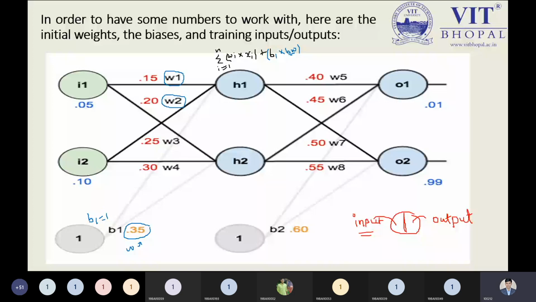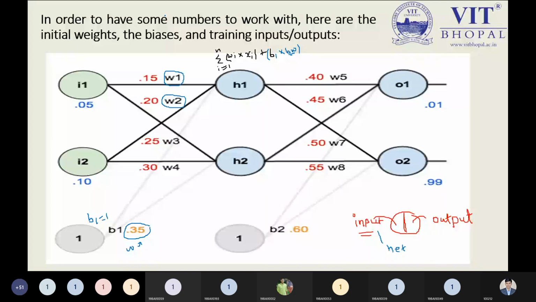And in between, you can also calculate the out value of the H1. So how can we calculate the out value? Just let me explain. First, let us understand its net value. Input means we are talking about the net value. We are calculating the net value. So how have you calculated it? It's a simple formula.